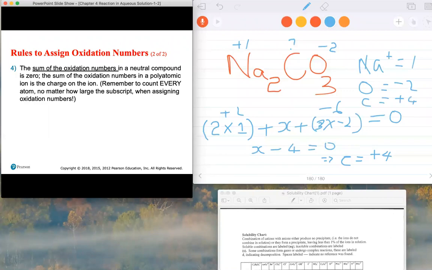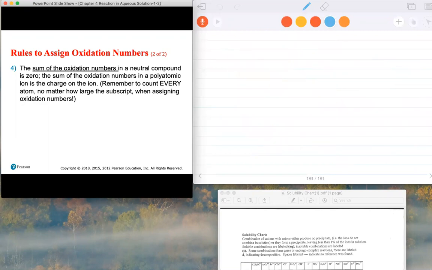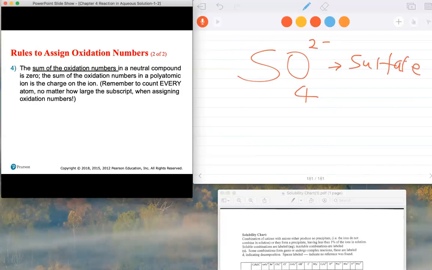Rule 4, polyatomic ion. For a polyatomic ion, such as sulfate, for example, this is sulfate, a polyatomic ion.